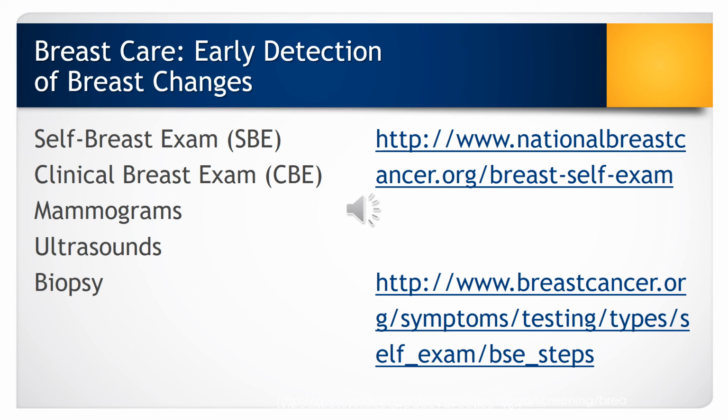So early detection is key, especially when we look at the trends that women are dying less often as a whole in the U.S. from breast cancer, and we believe that is contributed to early detection.